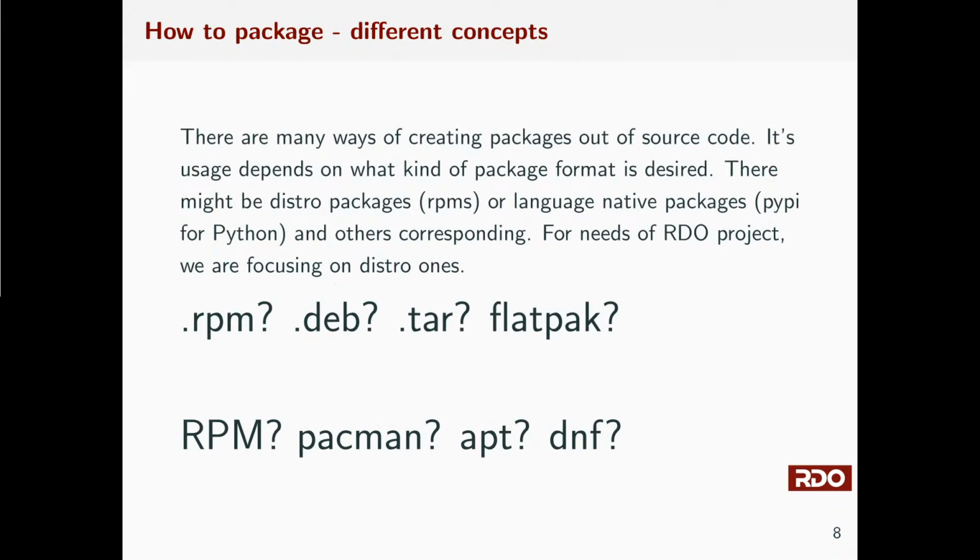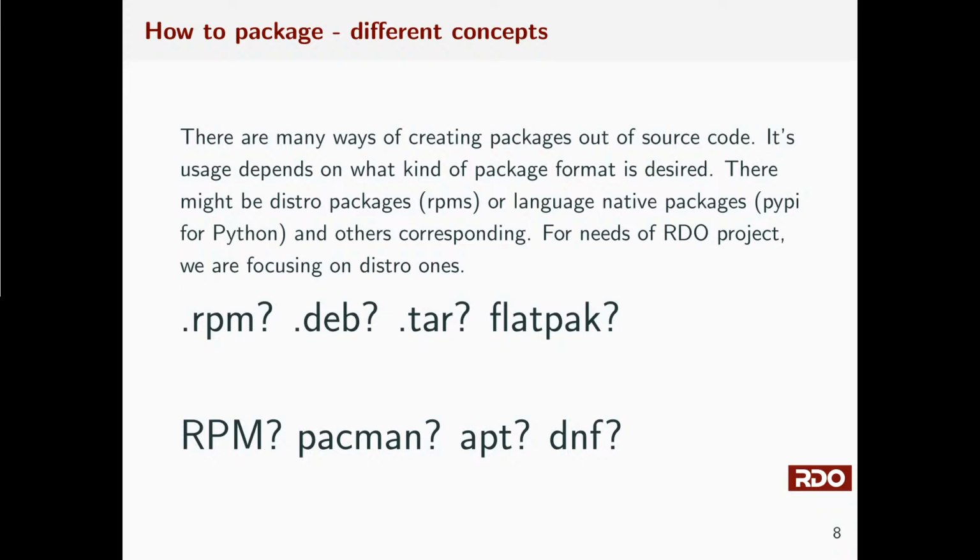There are many ways of creating packages out of source code. Which one you use depends on the kind of package format that is desired. There might be distro packages like RPMs, or language-native packages like PyPI for Python and all the other corresponding ones. For RDO project needs, we are focusing on distro packages.